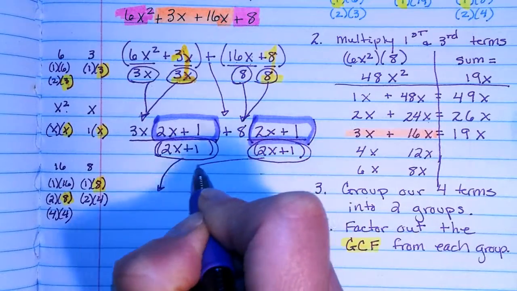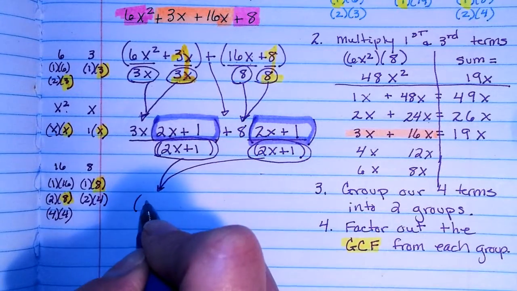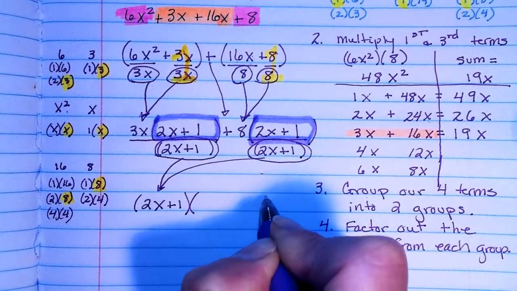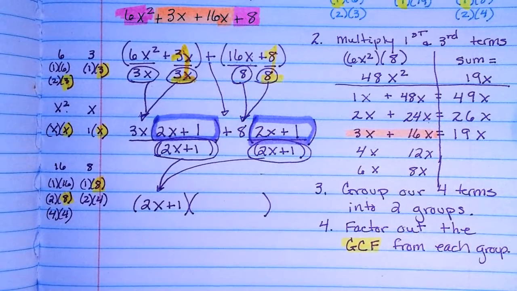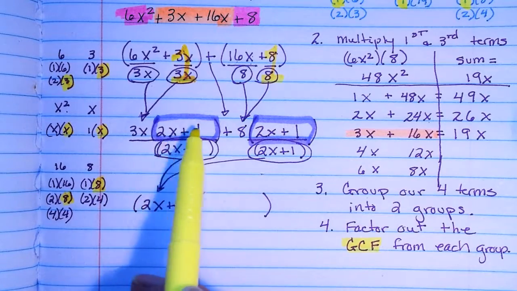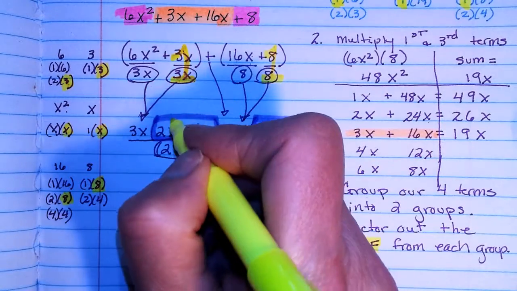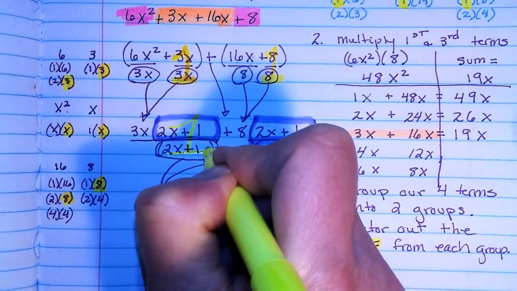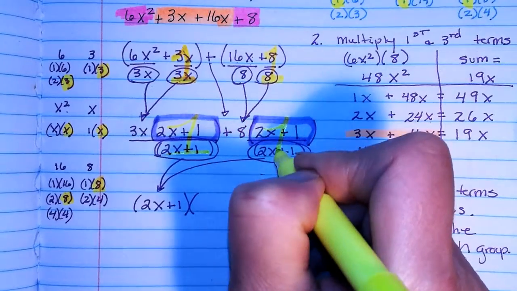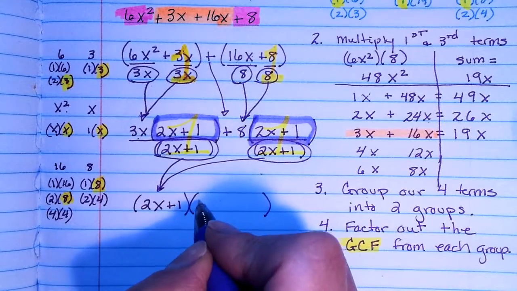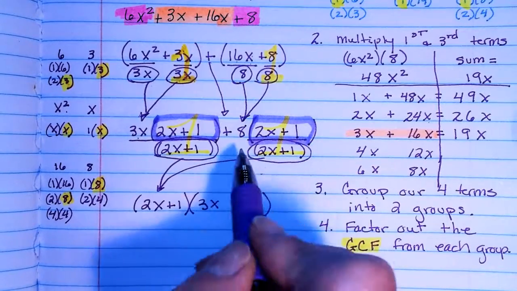So that I'm going to bring down, and that gives me 2x plus 1 times whatever I have left after I divide. So 2x plus 1 divided by 2x plus 1 is the same number. This divides out to 1. This divides out to 1. So what do I have left? I have 3x plus 8.